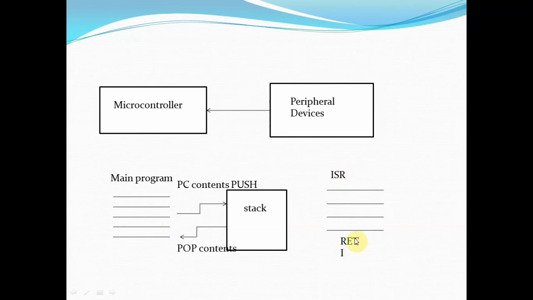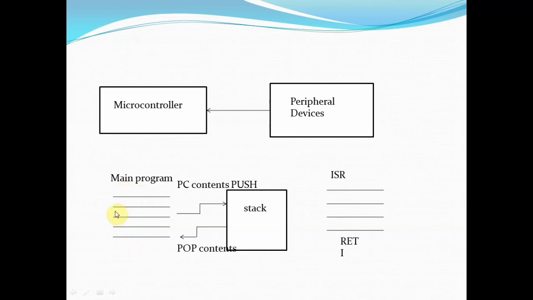Once the controller comes across this RETI instruction, it understands that the interrupt service routine is over, and it will come back to the main program. To know where to start, it has to pop the address of the next instruction, which is stored in the stack. It will pop that address and continue its next work.